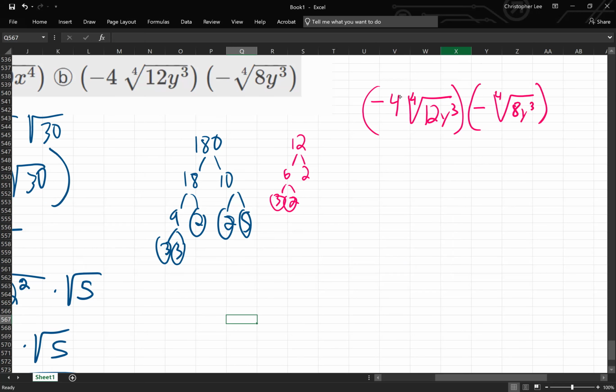Multiplying these together, negatives, negatives, positives. It's going to give me 4. And then the fourth root of 12 times 8. What's 12 times 8 again? Was that like 96? Yeah. So 96. And then y to the third times y to the third.